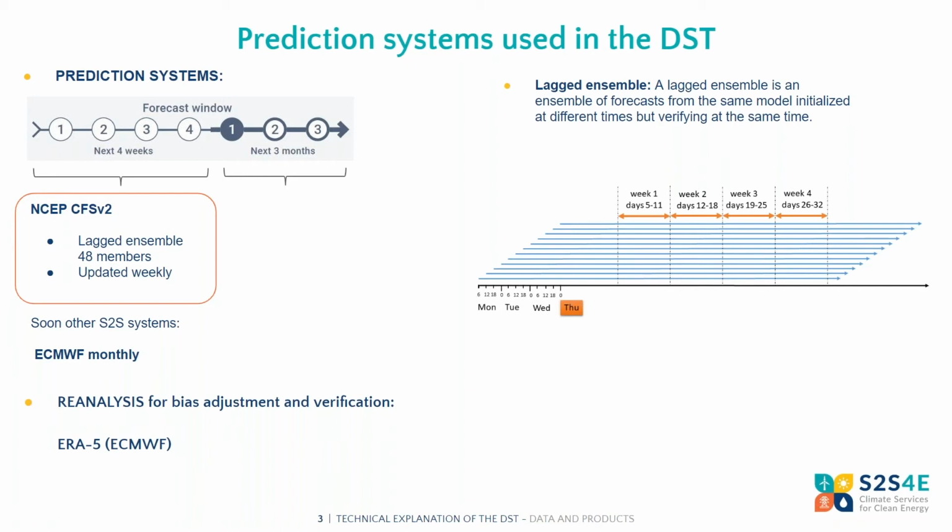Each 6 hours we have 4 forecasts, which means 16 members per day, and taking 3 days, we have a total of 48 members in what's called a lagged ensemble. Opposed to the burst ensemble, the initializations have a different start date, but we aggregate them together to have a single forecast for a target period, which in this case are weeks 1, 2, 3, and 4. This system in the DST is updated once a week, on Thursday, and it becomes available on a Friday.